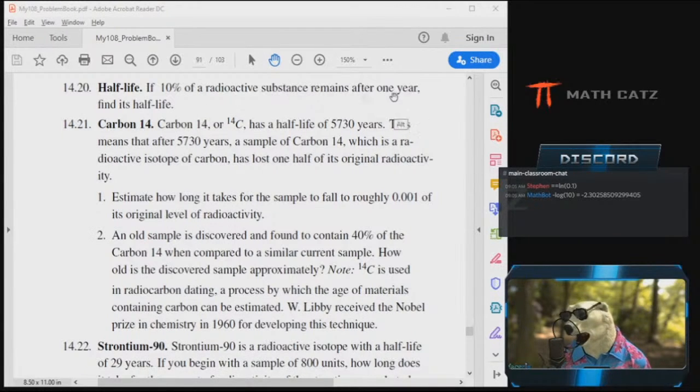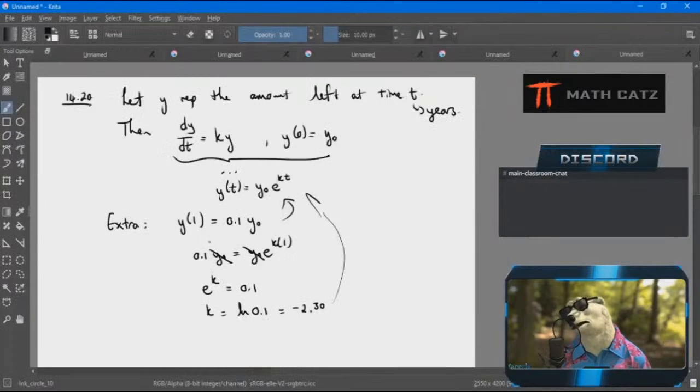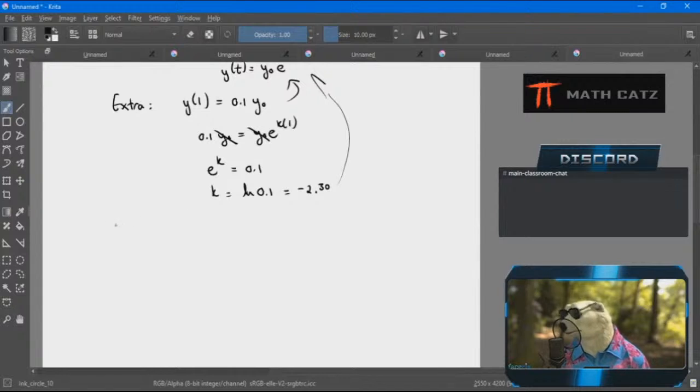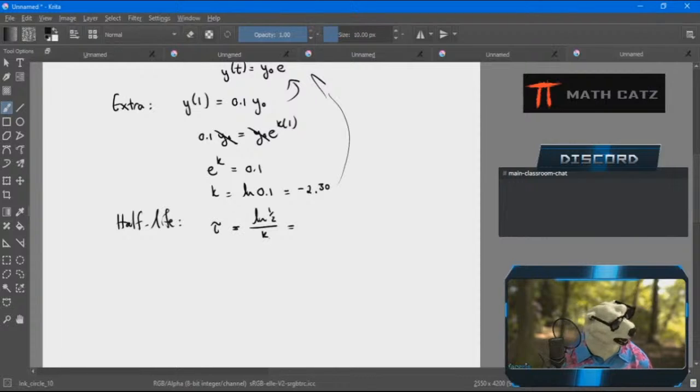I have k, and I'm looking for the half-life of this radioactive substance. So I can do that. So now half-life, that we will call tau, is log of 1/2 over k, and I can then calculate that as follows.